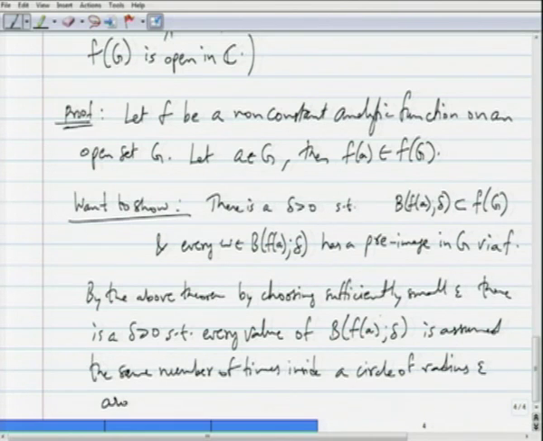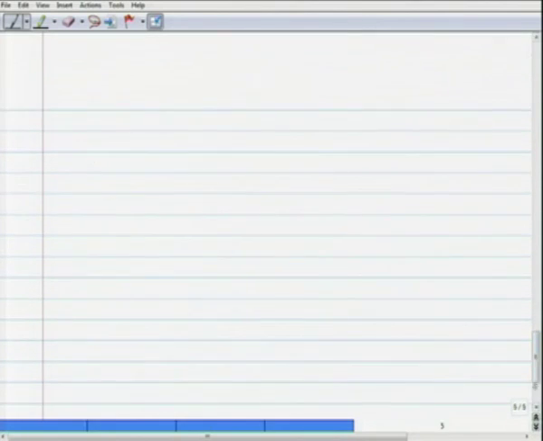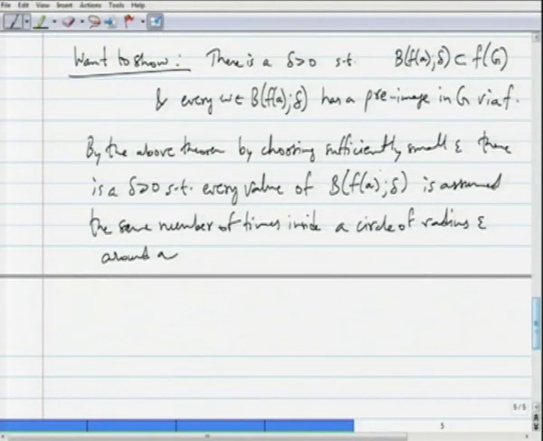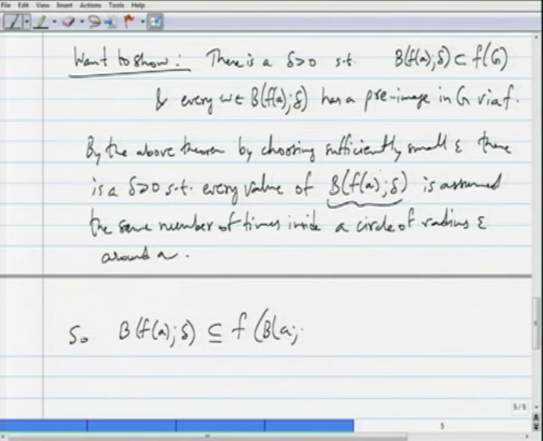Around A. So, f of A itself, like I remarked, is assumed by f at A. So, all the values in this ball are assumed by f at least once. So, that is the point. B of f of A delta is contained in the image of the ball of epsilon radius around A via f.